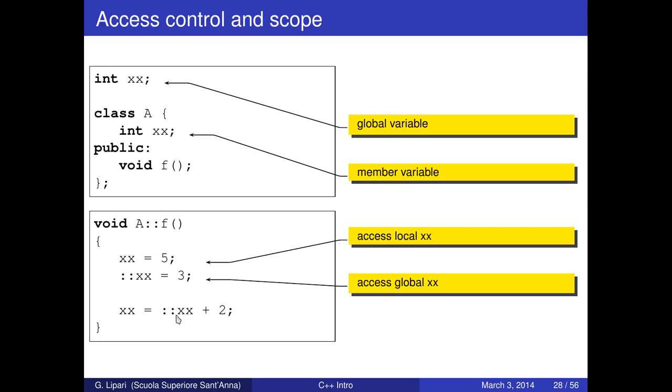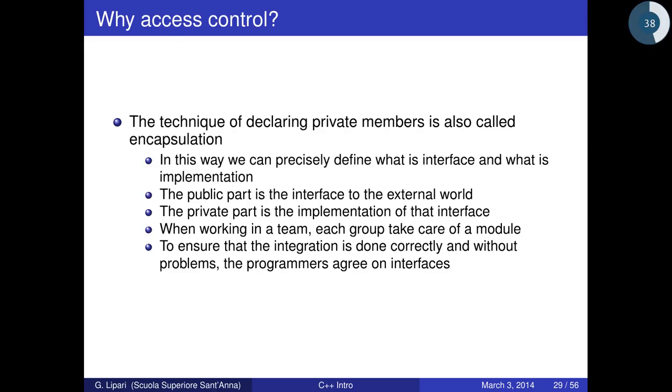So XX equal ::XX plus 2 means that the member variable XX is assigned the value of the global variable XX plus 2. So the final value is going to be 5, 3 plus 2.